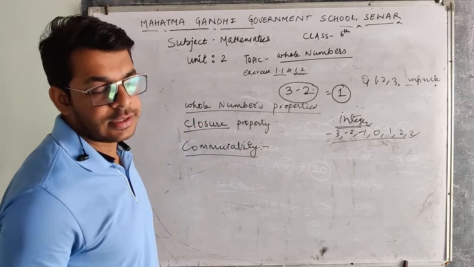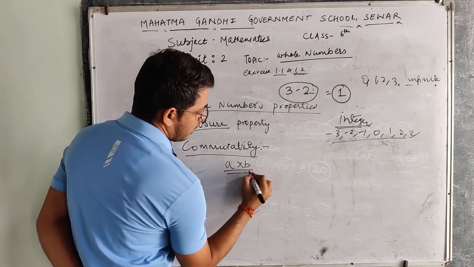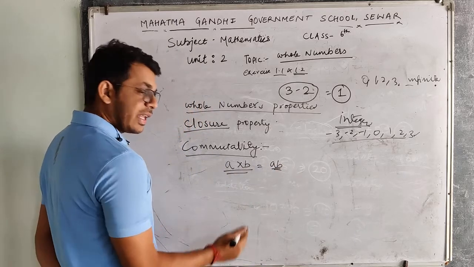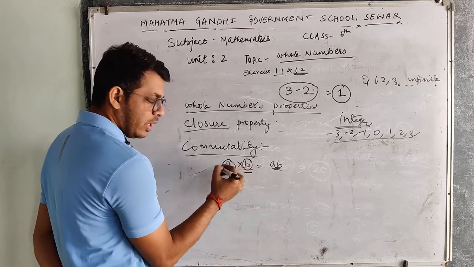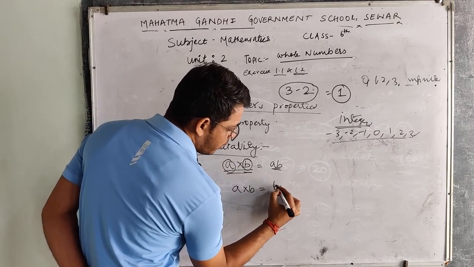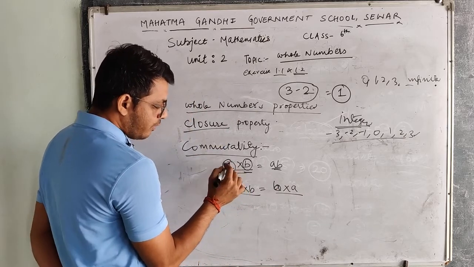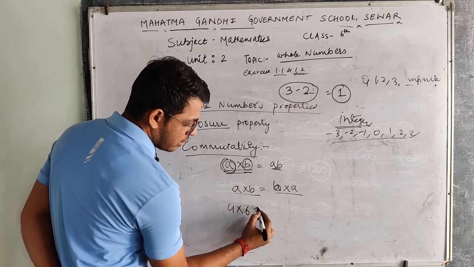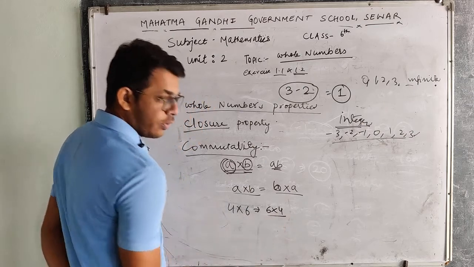What is commutativity? If I place A into B, the result is AB. But if I alter the sequence of these numbers, if I place B in place of A, it means A into B is equal to B into A. It means if we multiply 4 into 6, it is equal to 6 into 4.